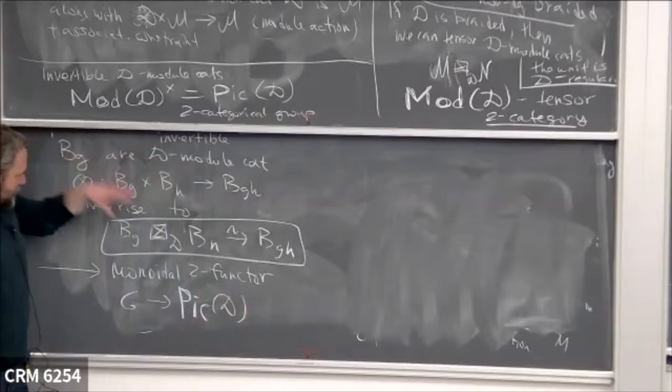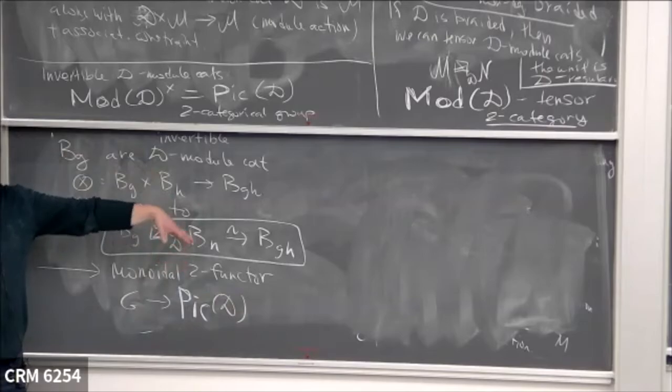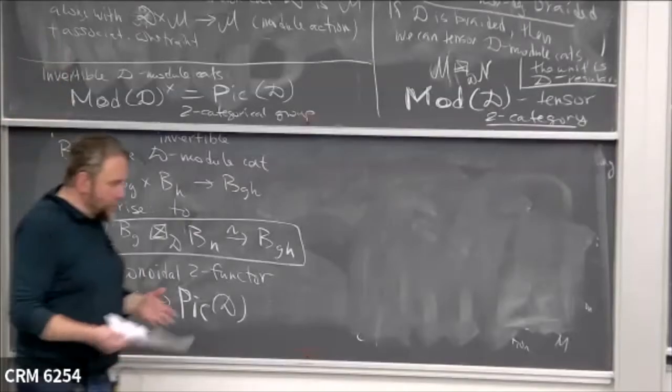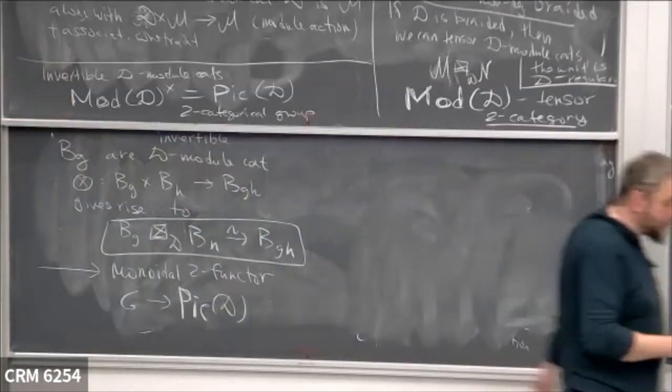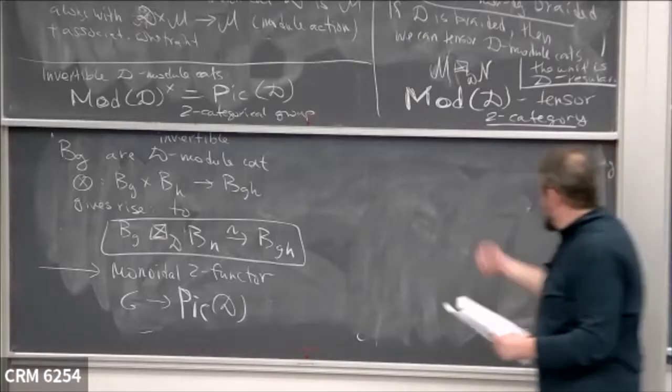This is like a short sentence, but there are lots of things hidden in this definition, right? This is precisely what is needed to make sure that the result is a tensor category.